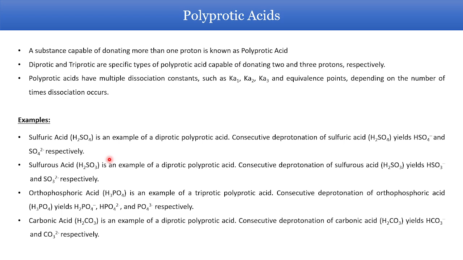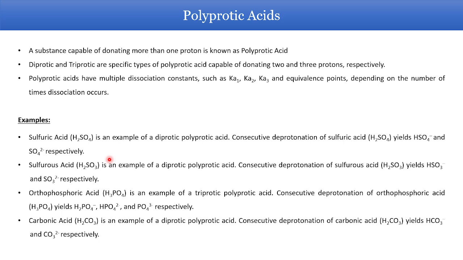If the molecule is capable of donating all 4 hydrogen atoms, if they are exchangeable and dissociate, only then can we call it a tetraprotic acid. Otherwise, the number of hydrogen atoms it is capable of donating determines its polyprotic nature, what we call the polyprotic acids.